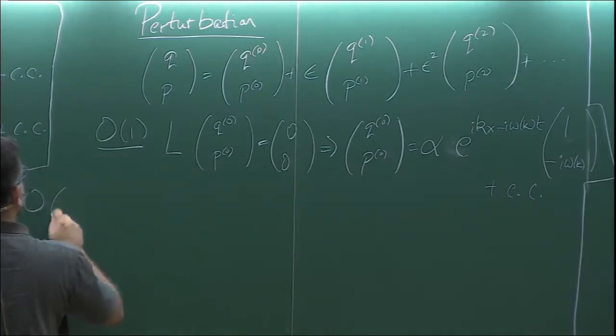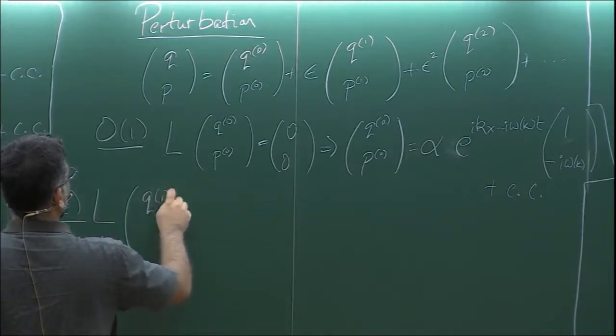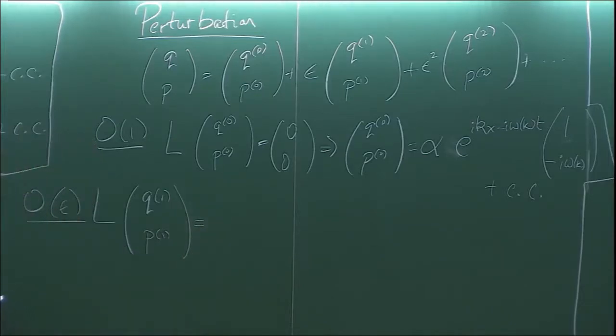What is the order epsilon problem? Let's just stop there. So clearly, when I expand to order epsilon, the nonlinearity doesn't matter. This is an order epsilon squared. Don't care about that. So I'm just going to have this L operator act on (1, 1), which will give me an order epsilon.